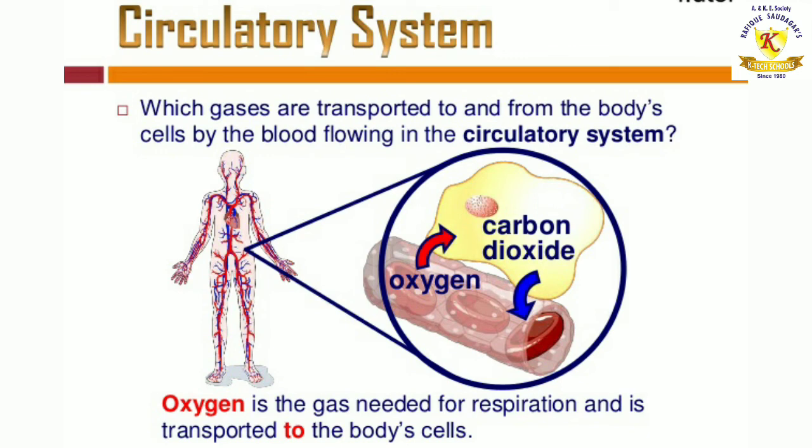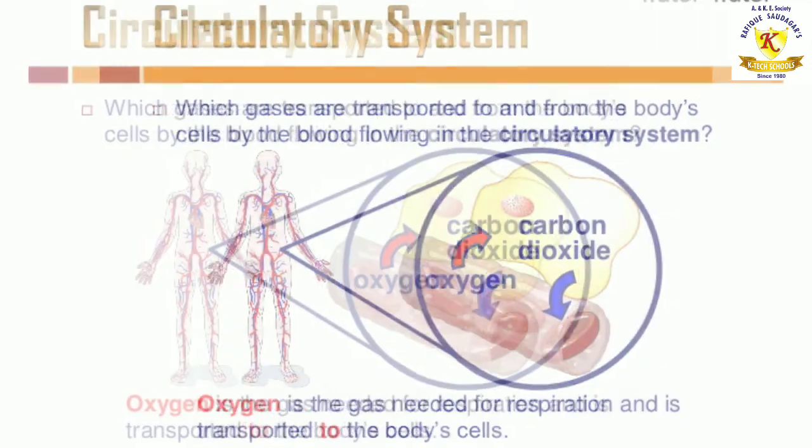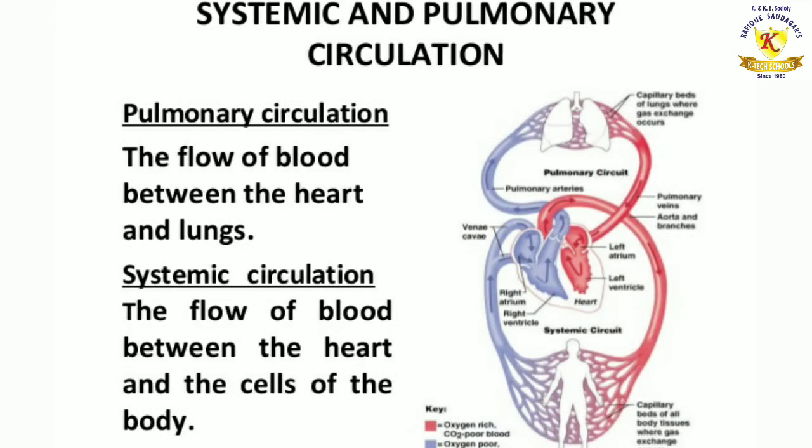Yes, it is oxygen, which is needed for respiration and is transported to the body cells. Now, the flow of blood between the heart and lungs is called the pulmonary circulation, and the flow of blood between the heart and the cells of the body is called systemic circulation. Understood, children? Good.